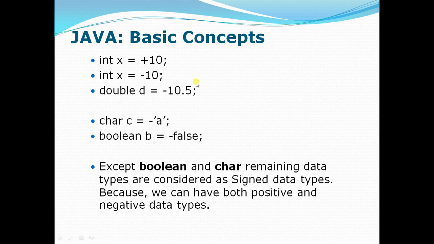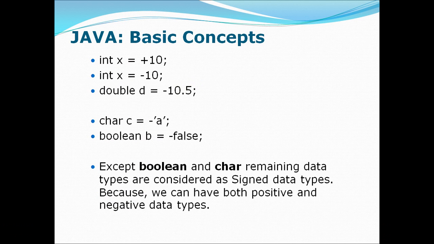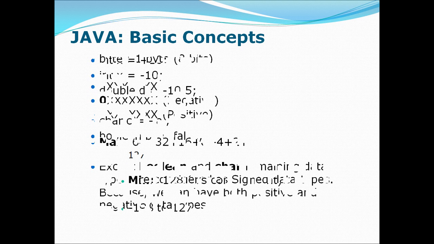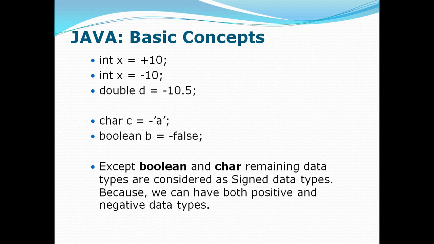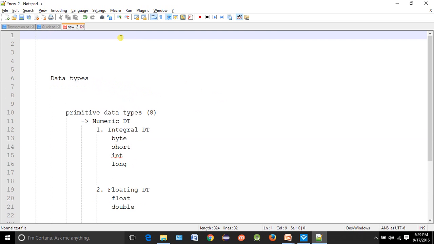Now let's try to understand. I'll write some of those. So tell me, out of those 4, which are correct and which are wrong. Let me write here: int i equal to plus 10.